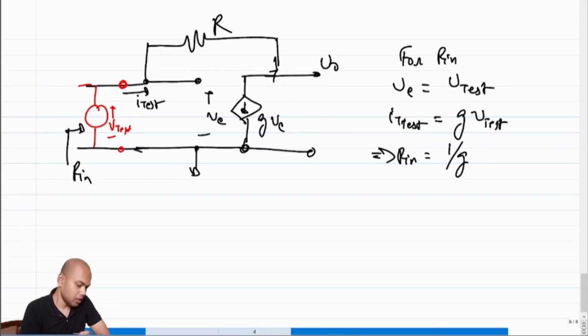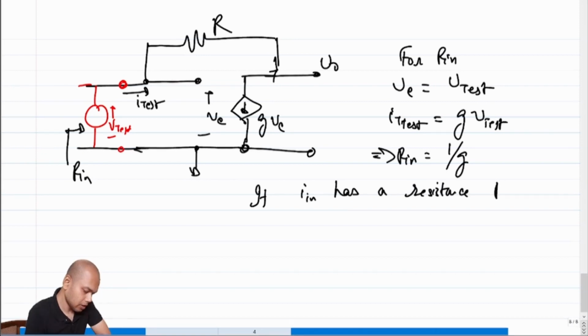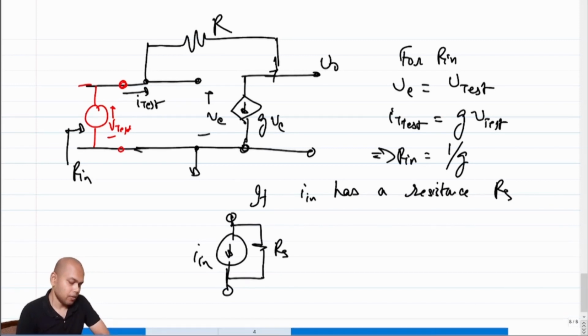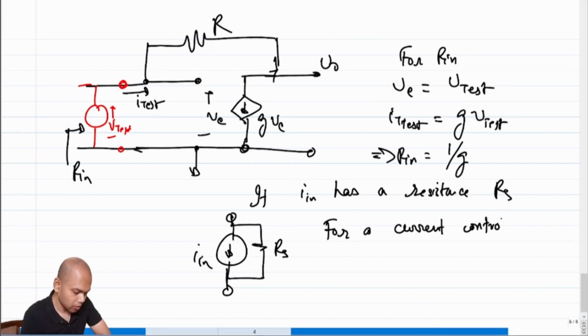Okay. So if the current source has a resistance Rs, that is, if I in comes with a resistance Rs for a current control source, we need to ensure 1 by G is much less than Rs.